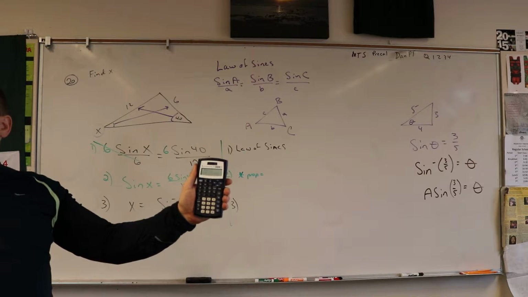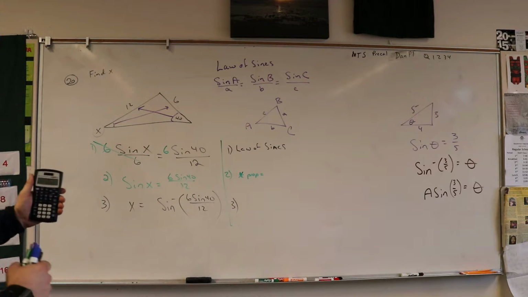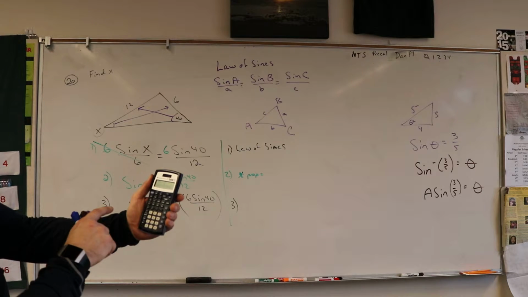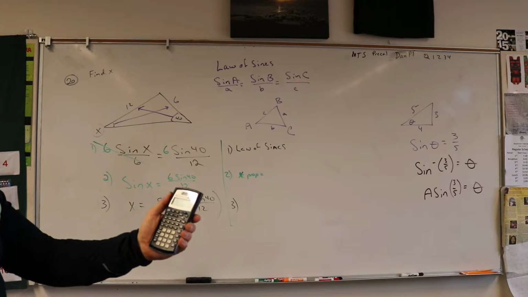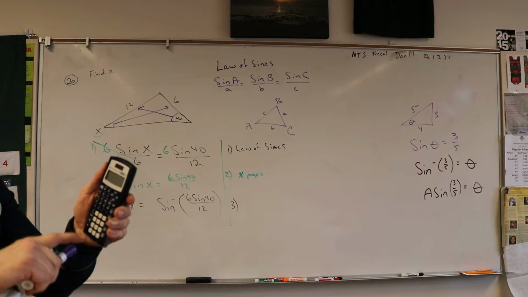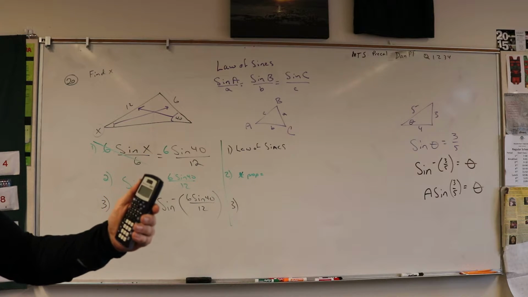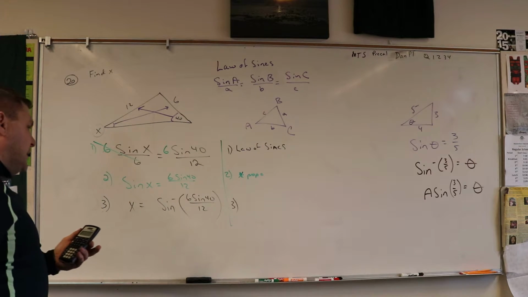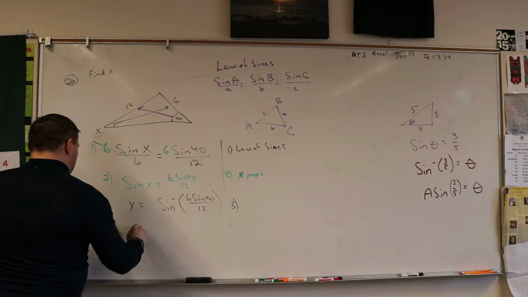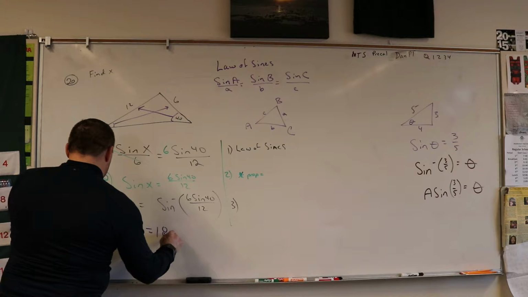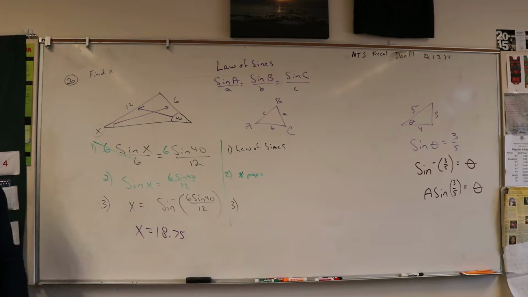Okay? And that's going to give you 0.3213, right? And then you're going to go second sine, because that's the sine inverse. And then second negative button, which gives you the answer that you just had, and hit equals, and you're going to get 18.75 degrees.